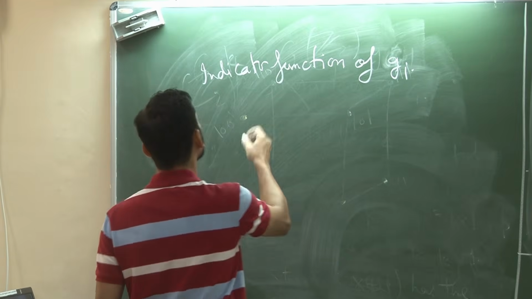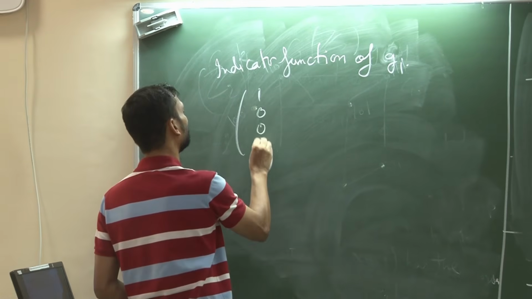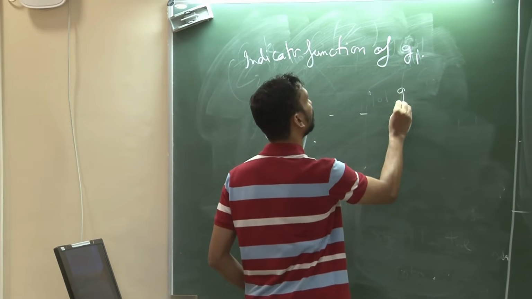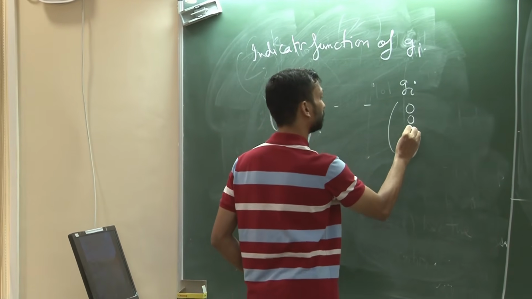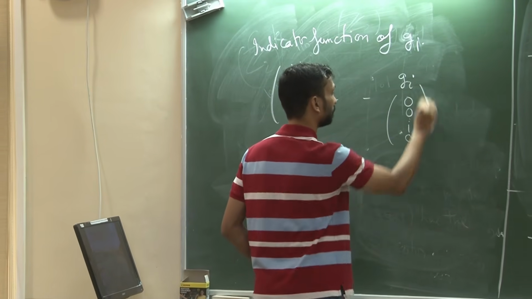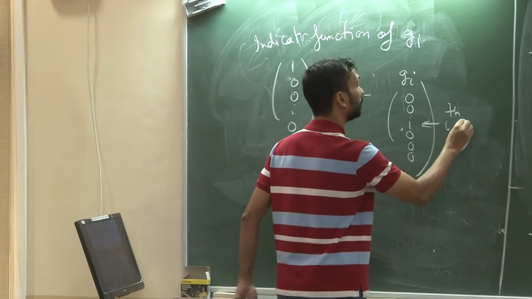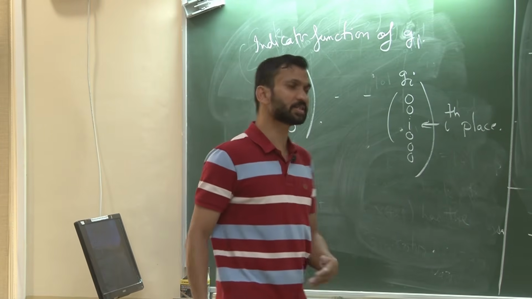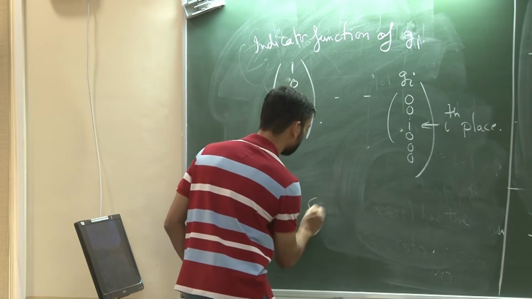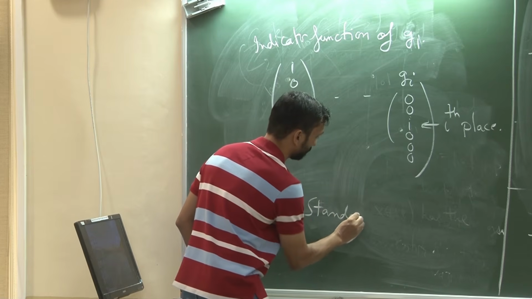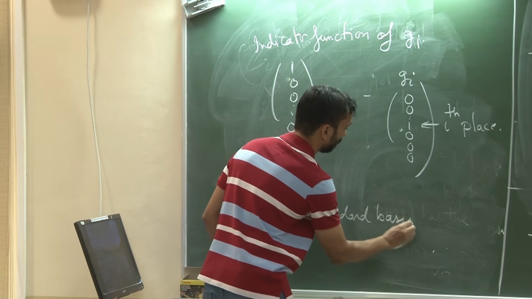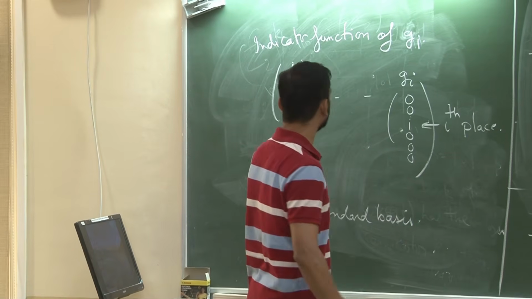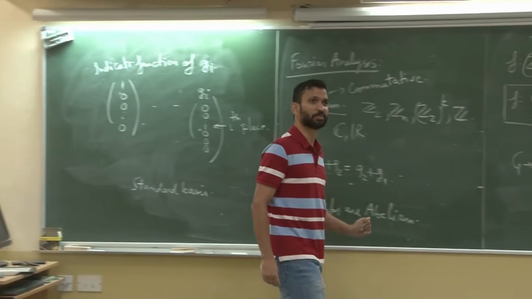You would say, sure, 1 0 0 0, with the 1 in the Gi place. They form a basis. This is the standard basis for these elements of the group itself.